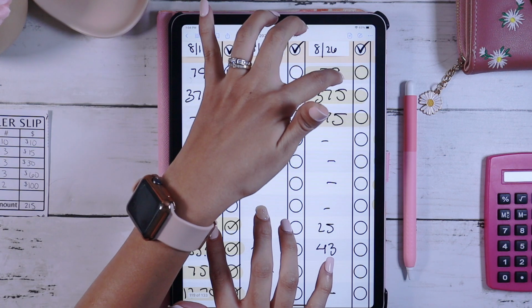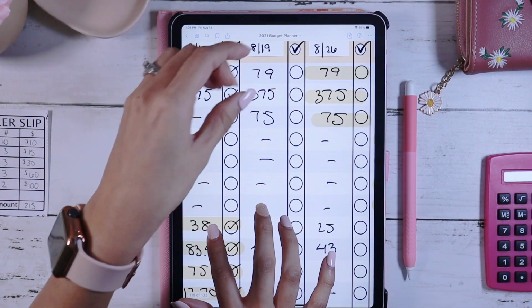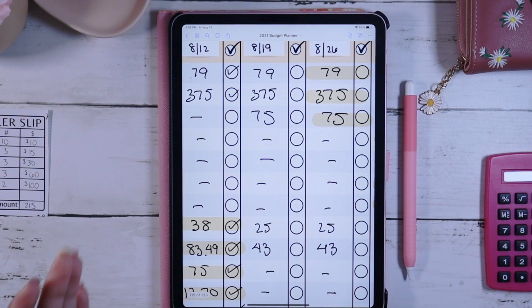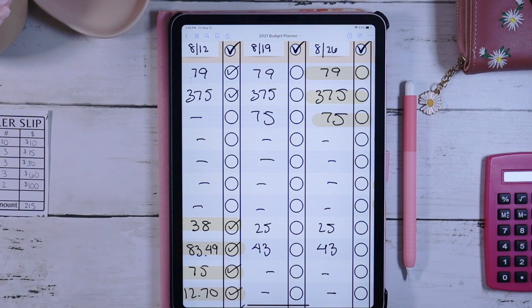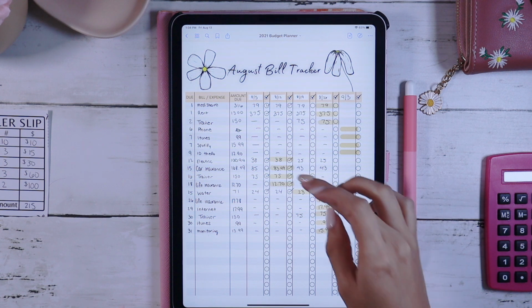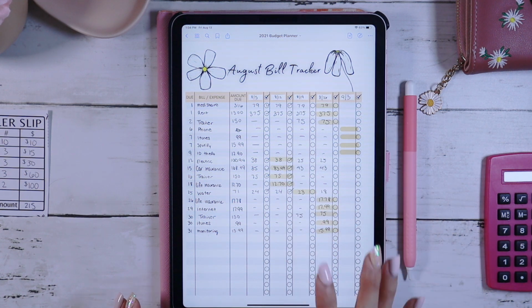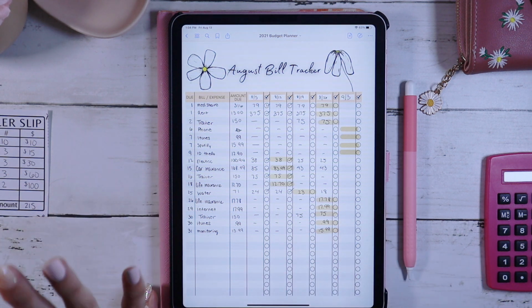So I highlighted it so that I can visually see we need to have the total amount in the bank for that bill. We did that for each of our expenses, as you can see here. On any given day, we need to have these bills ready in the bank so that it gets auto paid out of it.